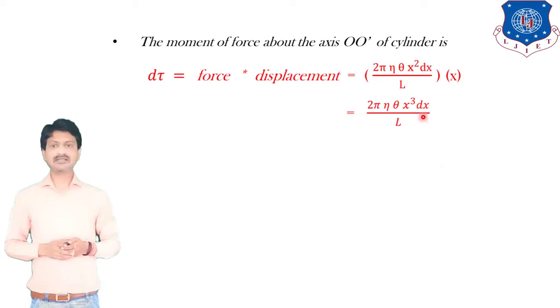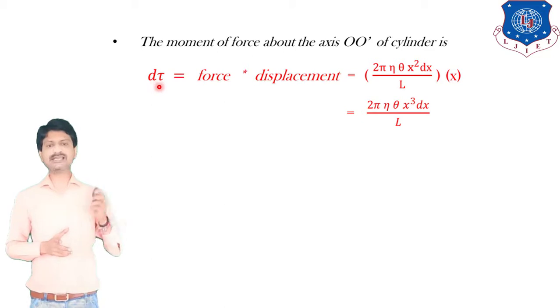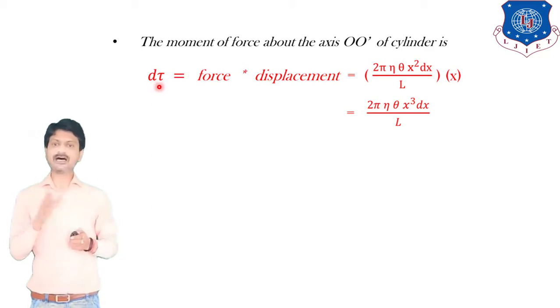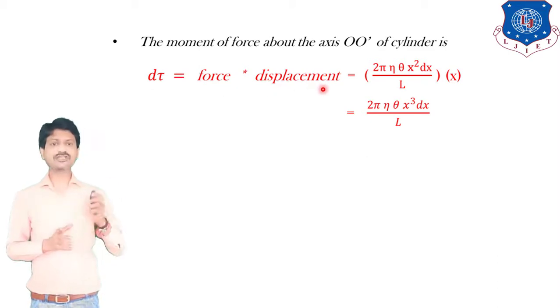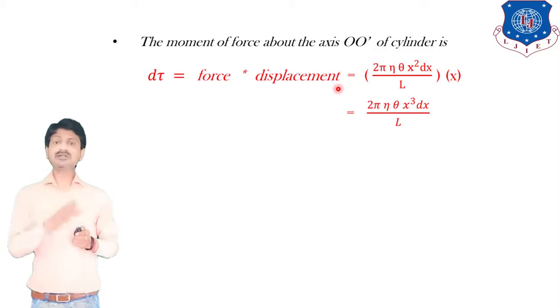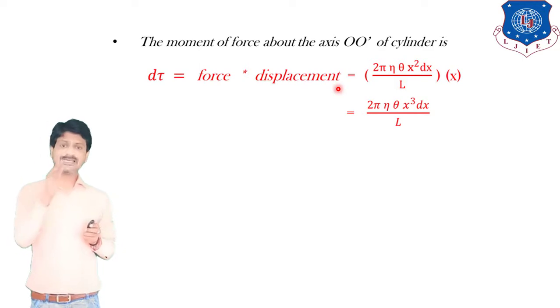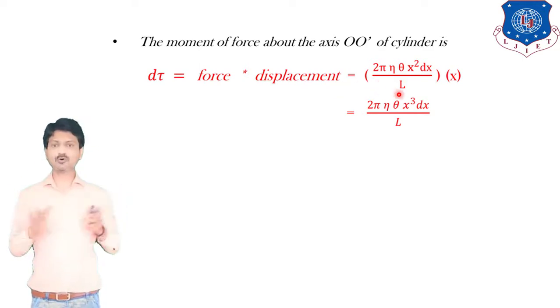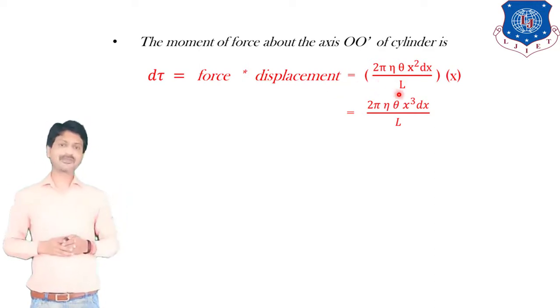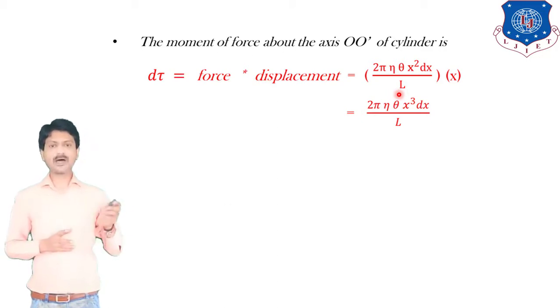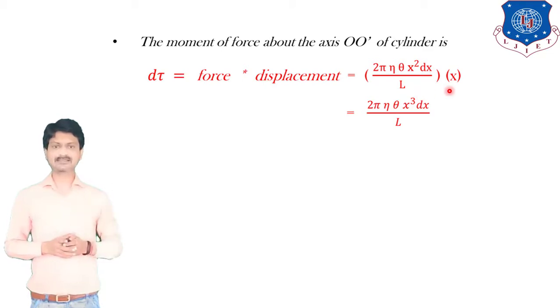So now the moment of force about the axis OO dash of the cylinder is d tau. We know that d tau is equal to force into displacement. So now we will put the total force and displacement in the equation of the moment of force. Finally we have d tau equals 2 pi eta theta x square dx upon L into x.